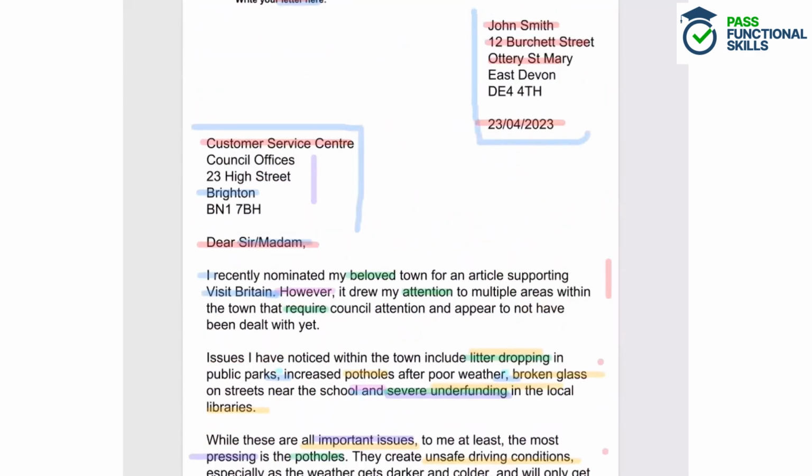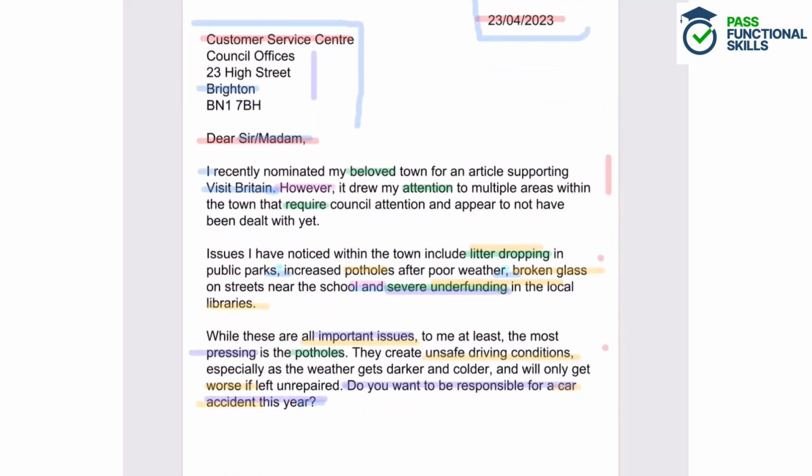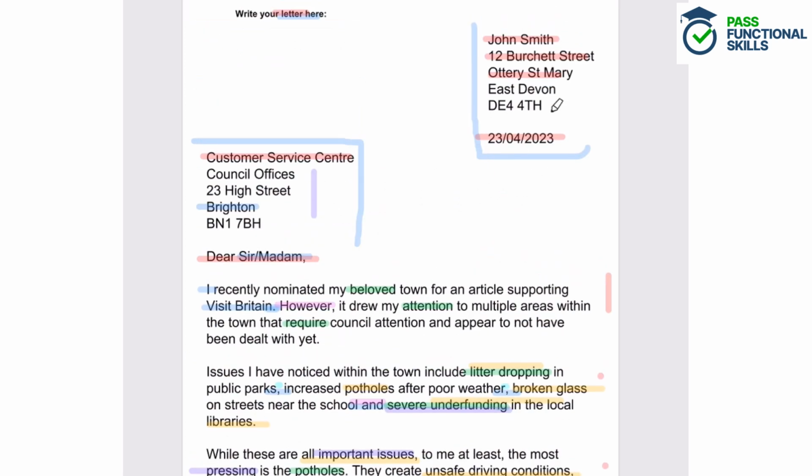So when we look at this answer as a whole, it is really fantastic. We've got ideas that are linked together really effectively, and we've used paragraphs to make it flow in a logical order. The answer has been really carefully planned out and formatting is correct. So we've got everything we need for a letter that has been used here, and everything's in the right order as well.